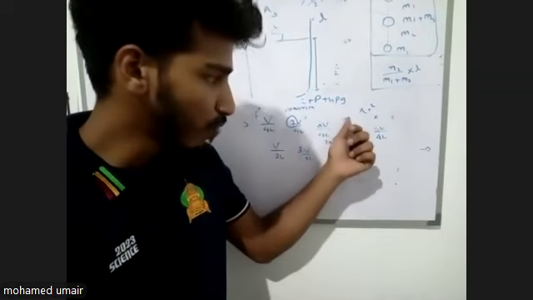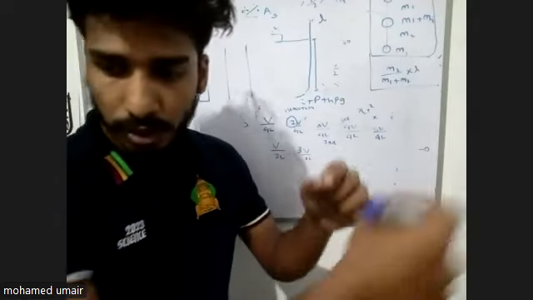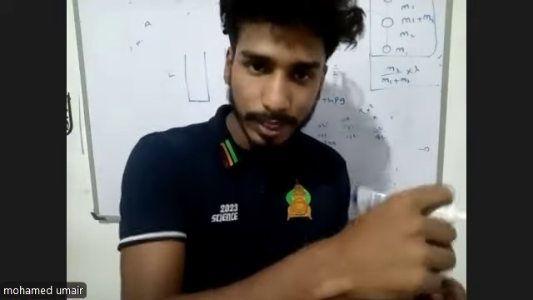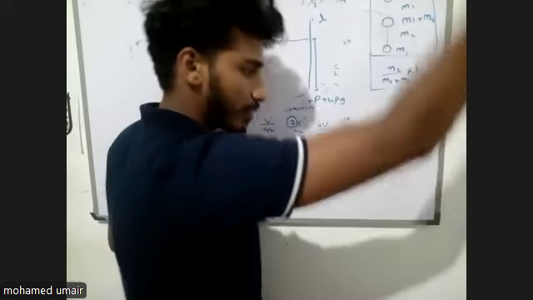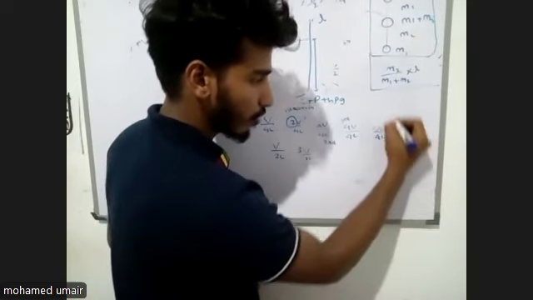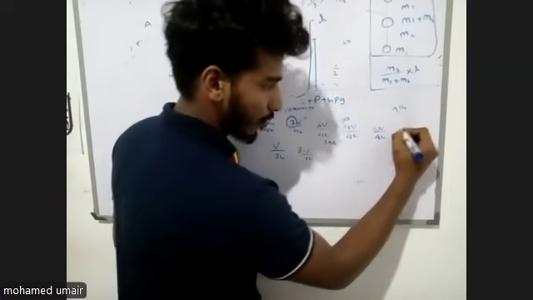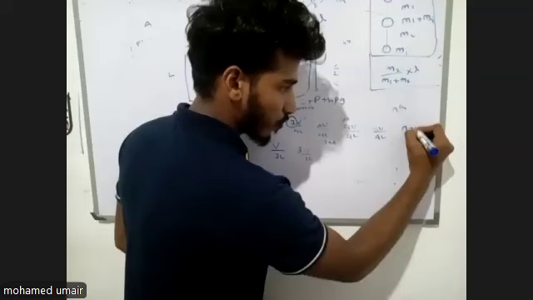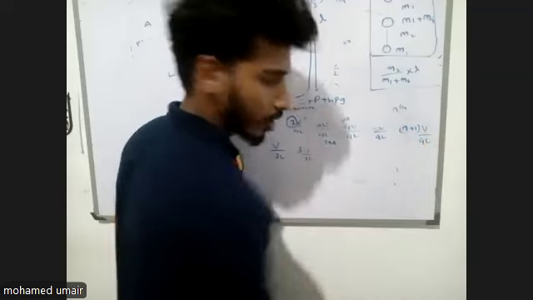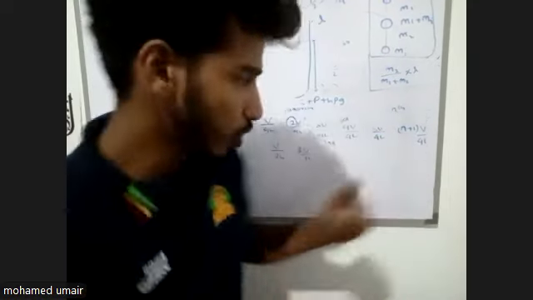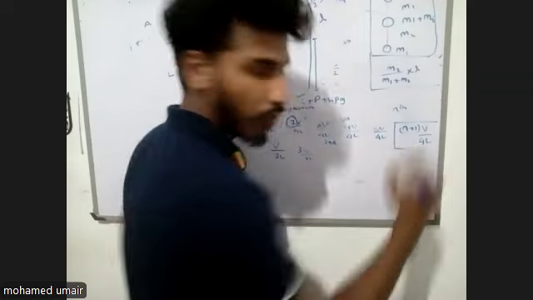If it is 4, it is 5. So wherever, if I consider the nth overtone, I'll be having n plus 1 times V over 4L. So this is a general expression. So just remember it as a point.